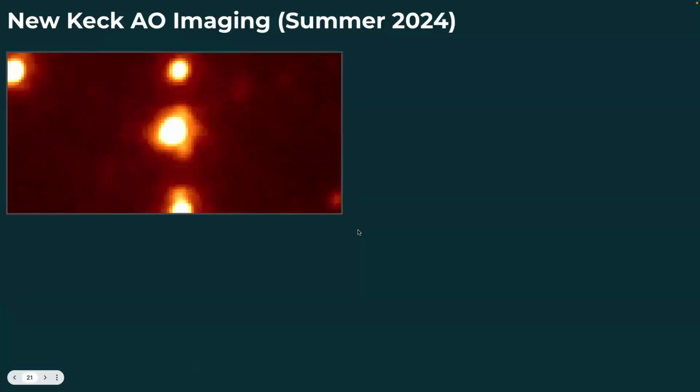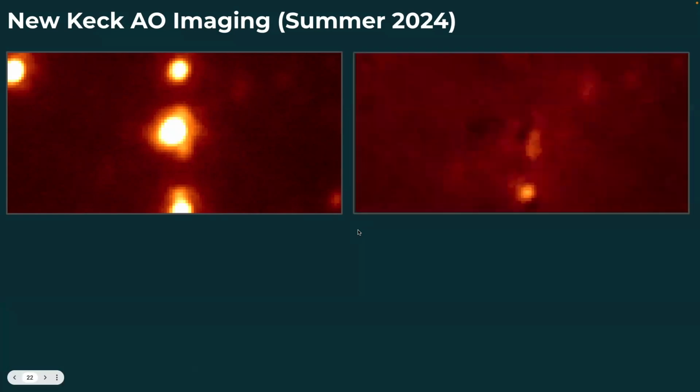So the new Keck AO imaging is much higher quality. Here's the source. And this is a few years later, after 2021, when the first epoch of data was taken. And here is a residual. I'm going to show a lot of these residuals. I fit all the stars with the PSF model and subtract. And I see star number 5 that Shemek identified in the 2024 paper here. And this signal seems to still be there in the new 2024 data.